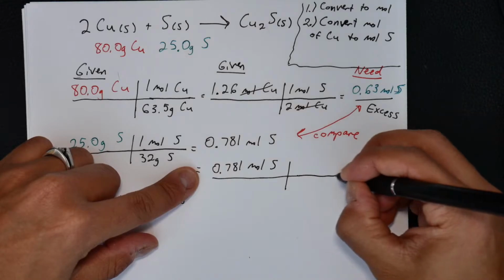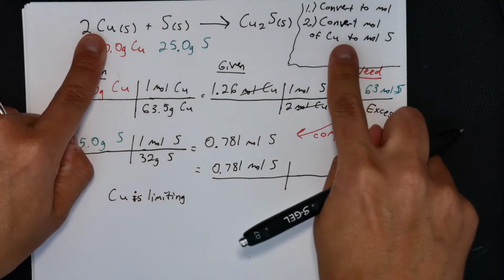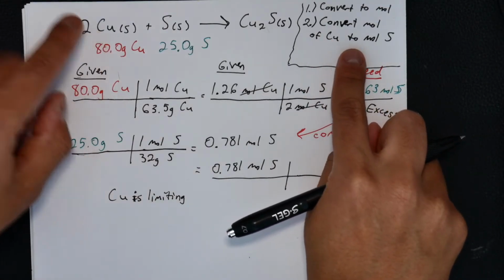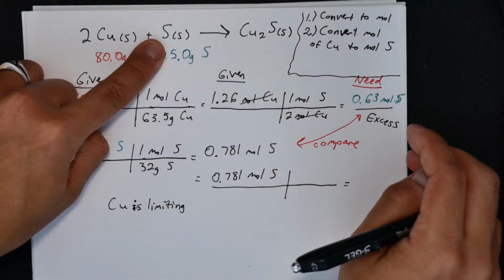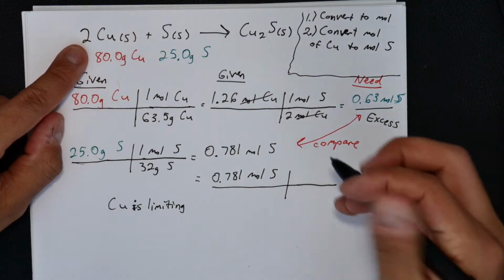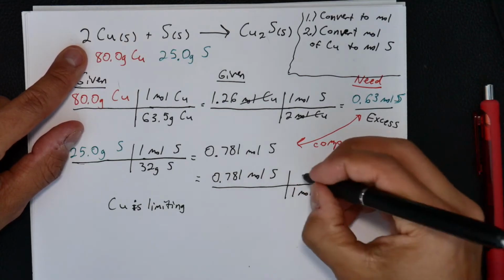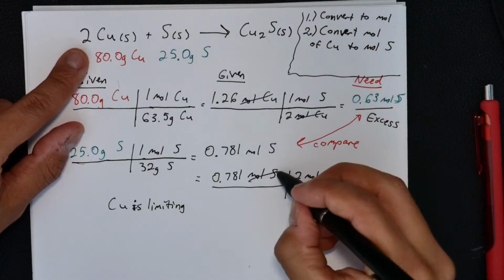If we convert moles of sulfur into moles of copper, okay, so it's like this, converting moles of sulfur now to moles of copper. Okay, so just flip this around. Again, it's a 2-to-1 ratio. So for every 1 mole of sulfur, we need double the amount of copper. So for every 1 mole of sulfur, okay, I'm going to write that on the bottom, we need 2 moles of copper. Okay.